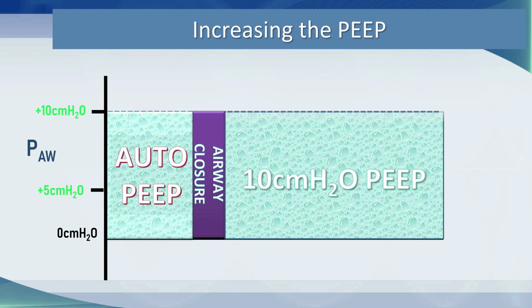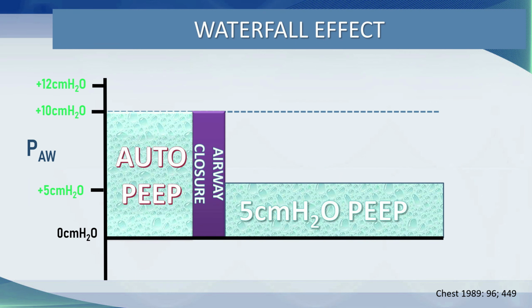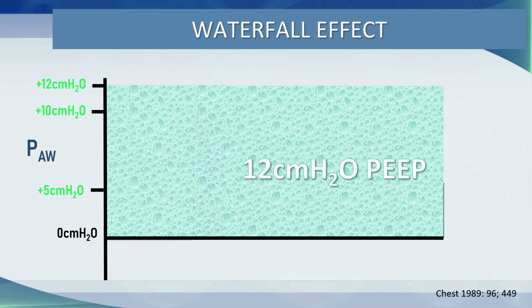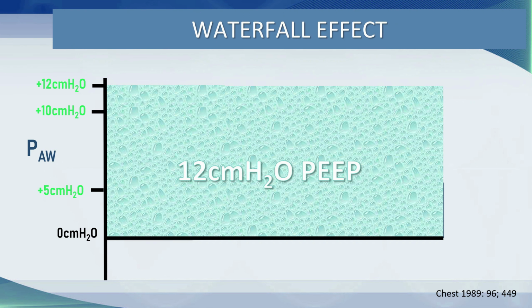In this situation, we have increased the PEEP to 10 centimeters of water. Unfortunately, this is insufficient to overcome the airway closure-induced auto-PEEP, so nothing changes. Let's increase the PEEP further. Now you can see what happens with 12 centimeters of water of PEEP.